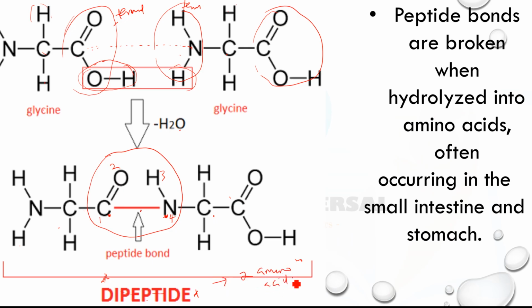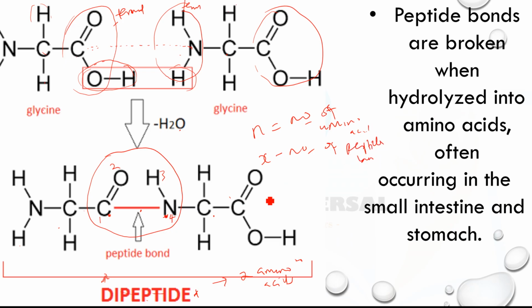Two amino acids. So you see that in every dipeptide, we can say that, let's assume that the number of N is equal to the number of amino acids, right? And then I have X, which is the number of peptide bonds, right?